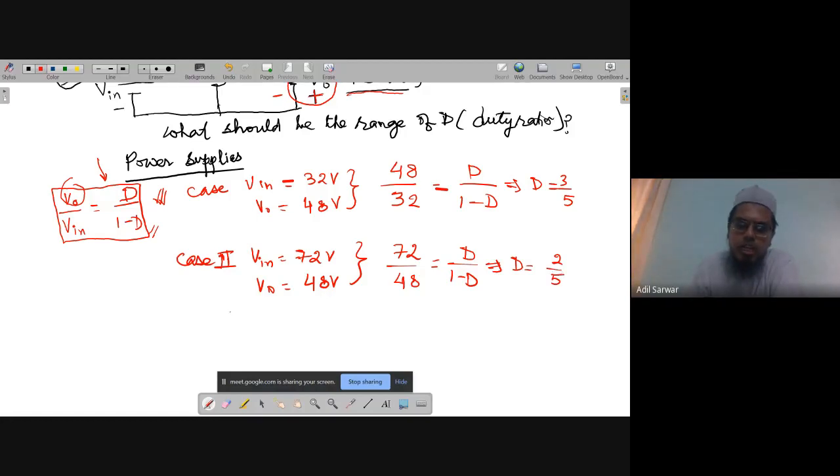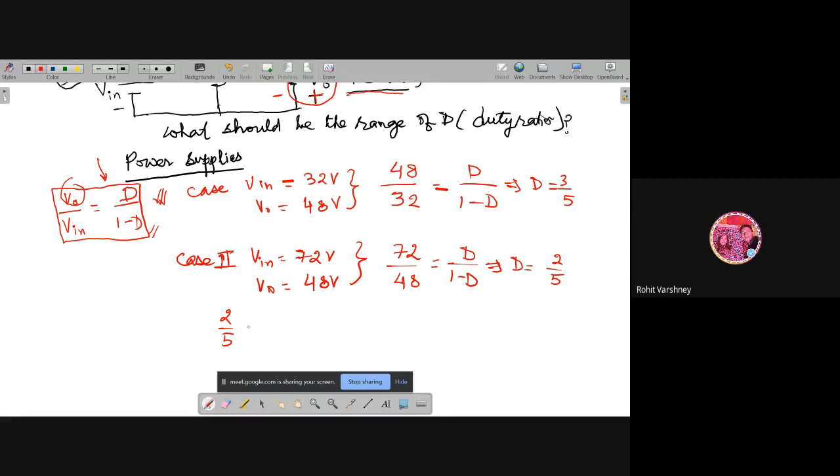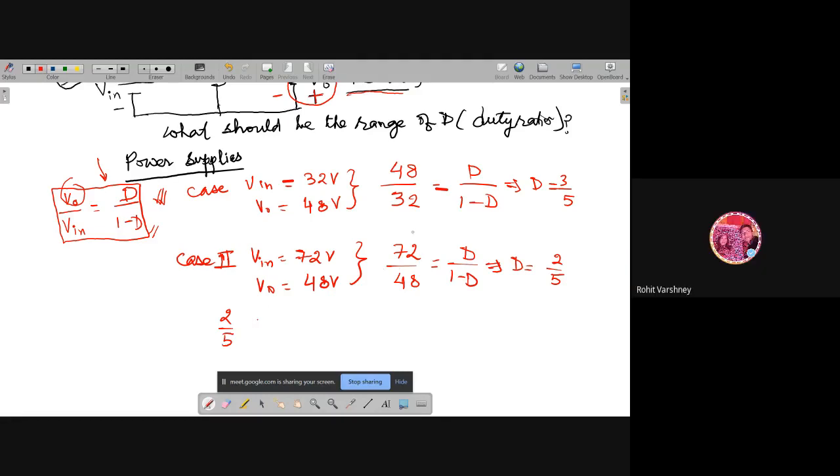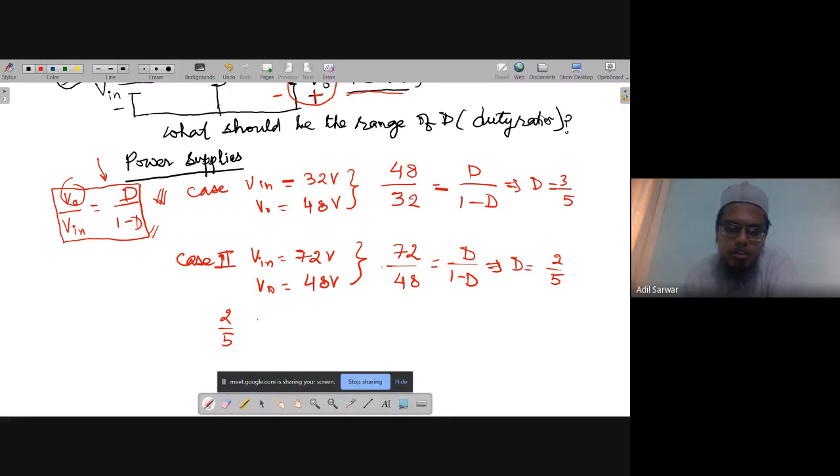So D lies in the range. So 48 upon 72. Yes, okay. Oh, again made a mistake. Sorry again. So please correct it. Output voltage is 48 and input voltage is 72. So you get D equals 2 by 5.